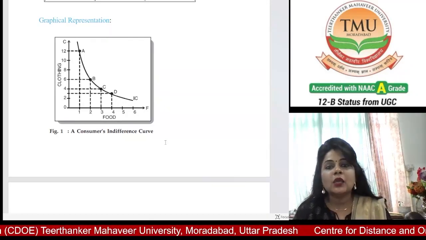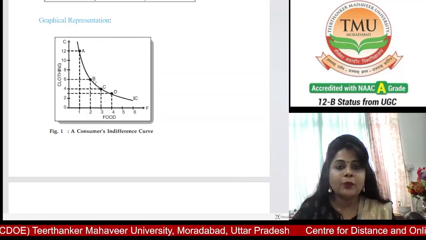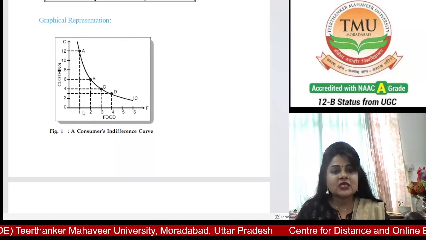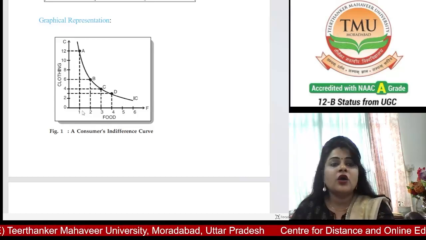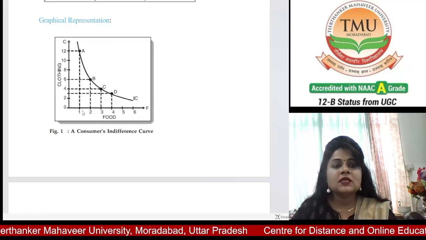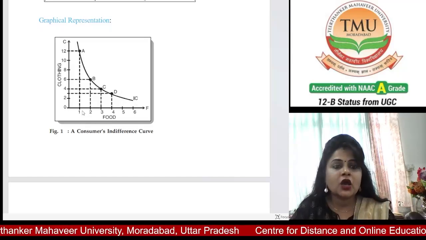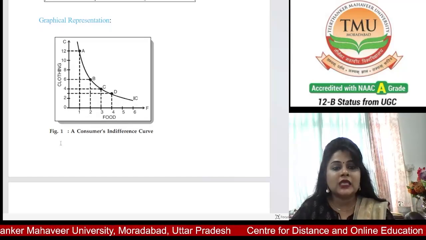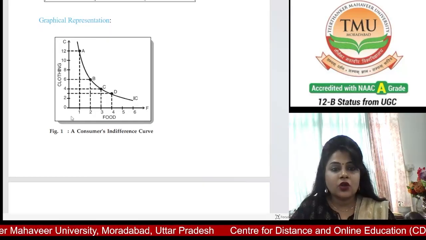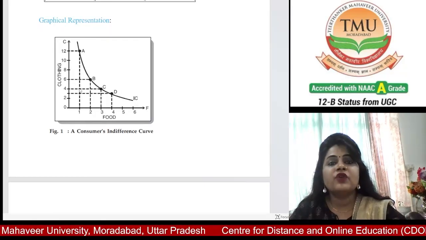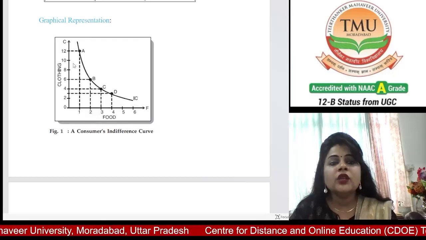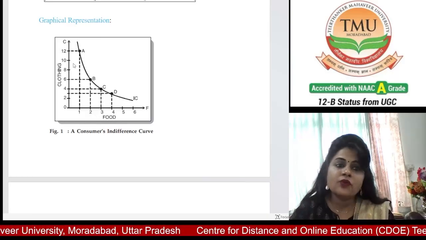Peter agreed to give up, now at the second point B, you can see Peter agrees to give up 6 units of clothing for an additional unit of food. Hence, we have two combinations of food and clothing giving equal satisfaction, as follows. In the first combination, you can see 1 unit of food and 12 units of clothing.